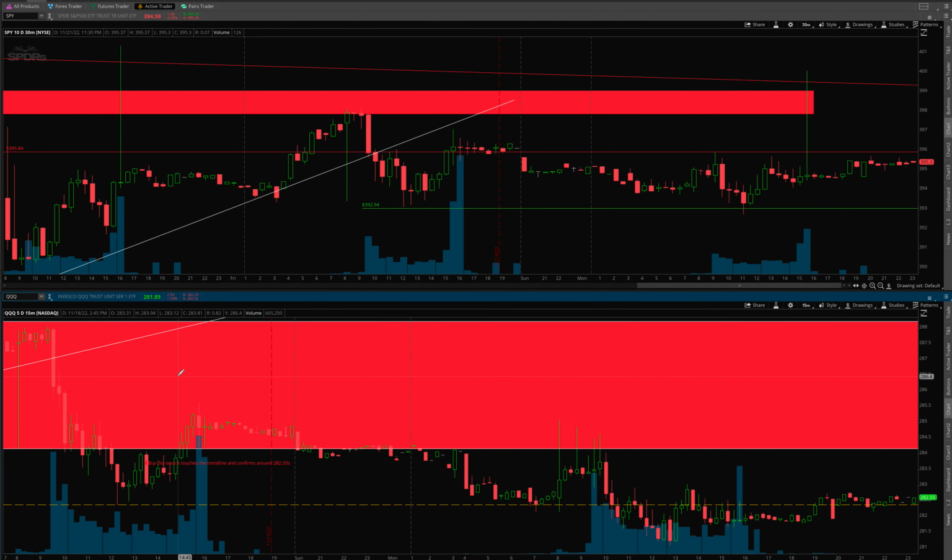For the triple Qs and the NASDAQ, it's about 10 to 20 points in the NASDAQ. When that moves, you're going to see this drop about $1. That's when the correlation is at its strongest. At the moment, like I said, it's going to take a lot.